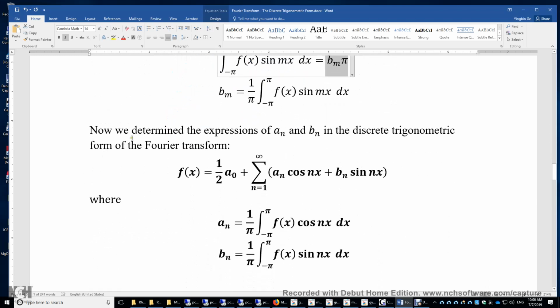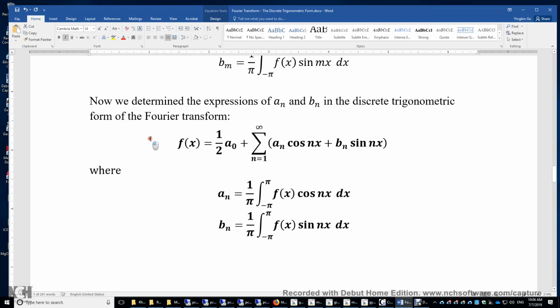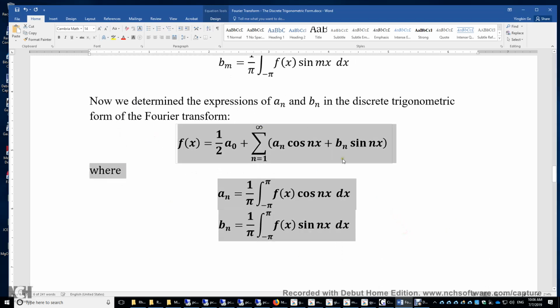So therefore, we have now the discrete trigonometric expression of the Fourier transform. This over here in bold font. f(x), any f(x), can be expressed as 1/2 a naught plus this infinite series from 1 to infinity, and then we have a sub n times cosine nx plus b sub n times sine nx. And what about the expressions of a sub n and b sub n?